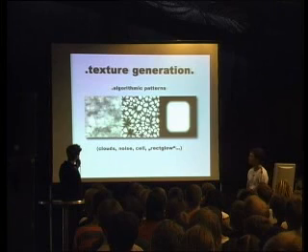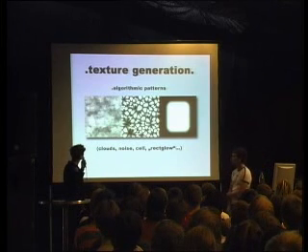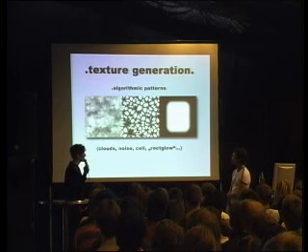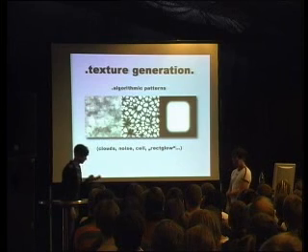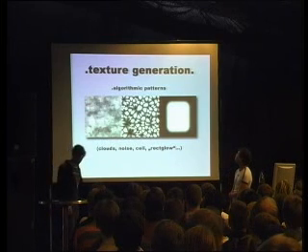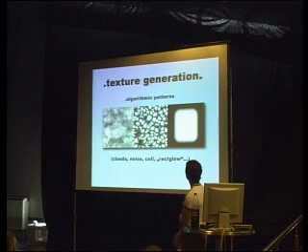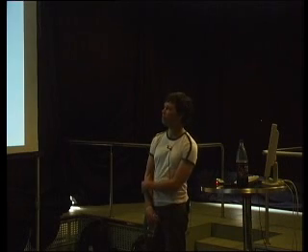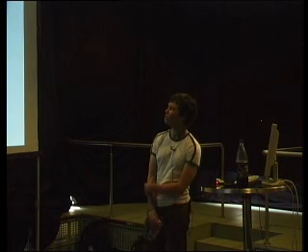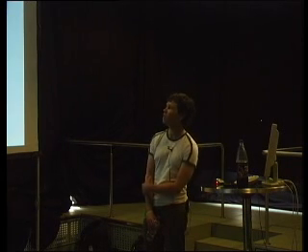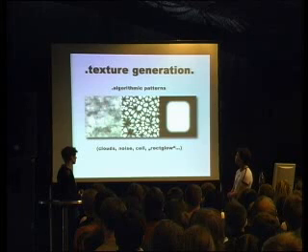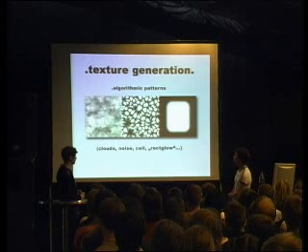And we started with textures. This was the very first approach we had. The textures are where it all started, and we started with the patterns, and you see some of them here. On the left is a simple cloud texture, which is basically the same as Perlin noise.